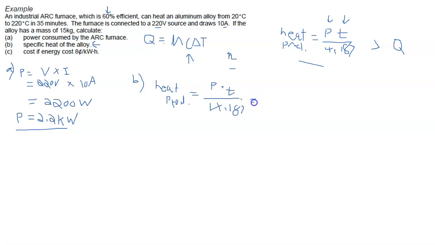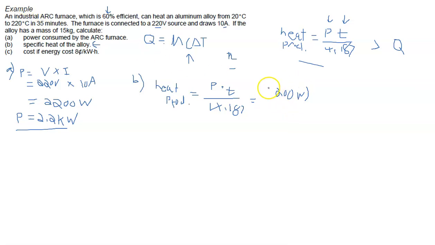So the power in this one, base units, watts, 2200 watts. And we're going to multiply that by the time. And remember that the time here got to be seconds.